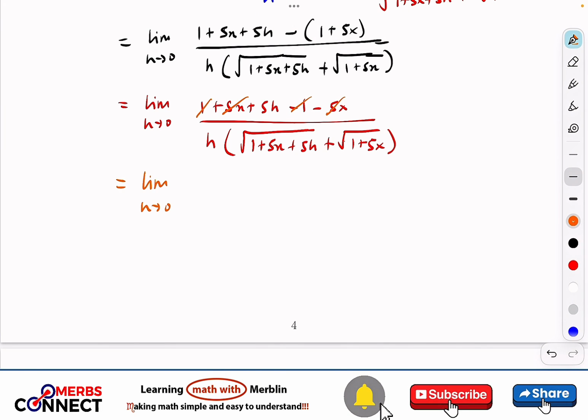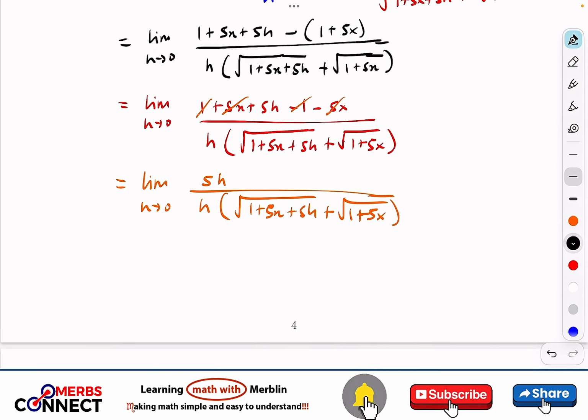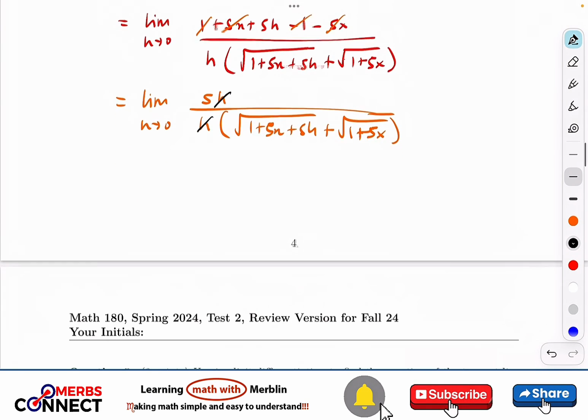As I told you, anytime you are finished with simplification, the numerator, which is the top, should be in terms of only h when you cancel out. So what is left is 5h all divided by h, square root of 1 plus 5x plus 5h plus square root of 1 plus 5x. Now h will cancel h.